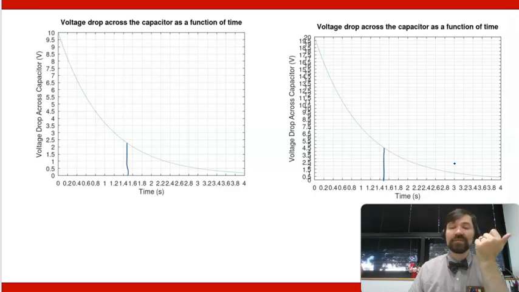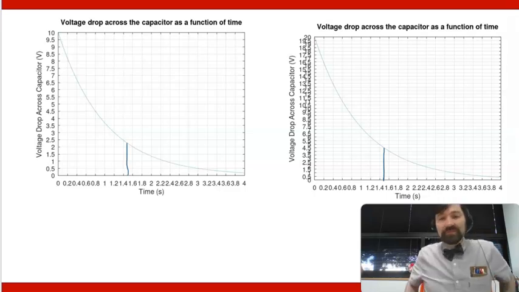Essentially that means my rate of halving is the same. It's just that how much voltage is half is twice as much for this one as for this one. So that's basically what changing those parameters does.